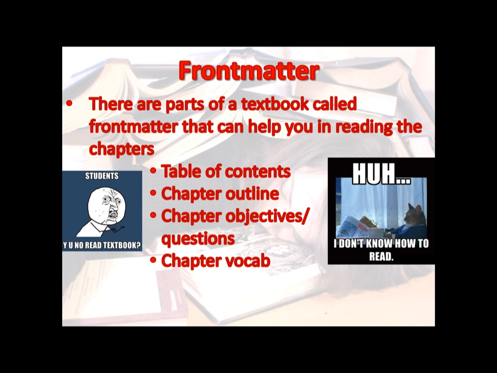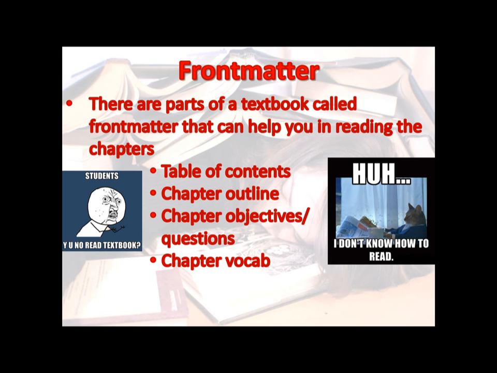So there's a part of a textbook called the frontmatter. And this can help you read the chapters. It's called frontmatter because it's the stuff that comes in the front or at the beginning of the chapter. So the table of contents, sometimes that's for the entire book, though each chapter itself will have a table of contents, and that's usually the chapter outline. There are chapter objectives.